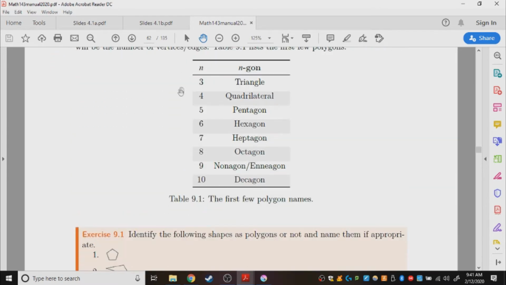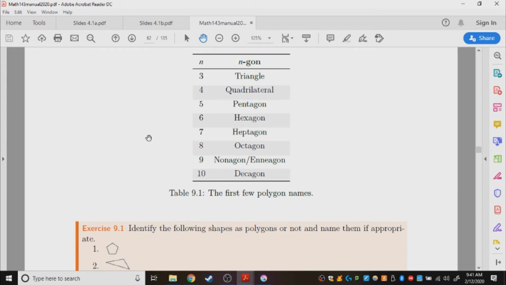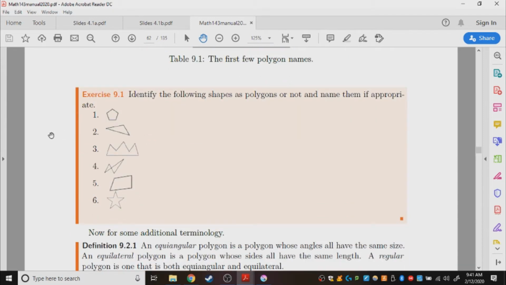So we have names for these smaller ones. Some you may know, some you may not. Even though the first one is a pentagon, the second one is a triangle. But you'll notice that for a polygon, the number of sides and the number of angles are the same, which is why sometimes we refer to the angles, sometimes the sides, but that number is always going to be the same. It's just sort of tradition from way back.